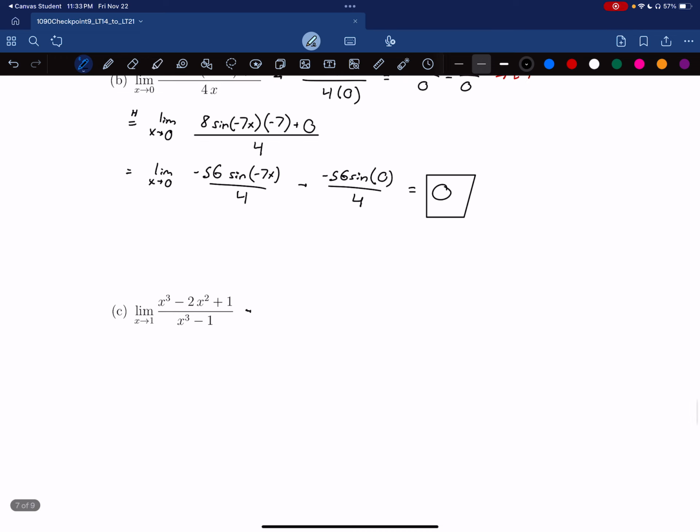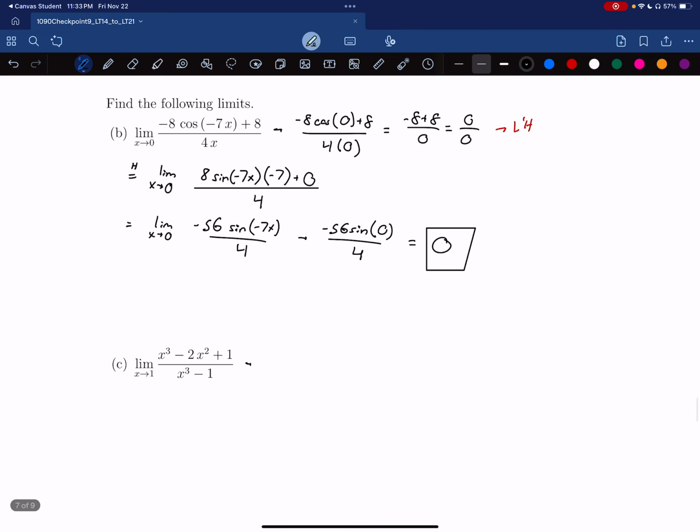First, we will plug in 1 to evaluate this. We'll have 1 cubed minus 2 times 1 squared plus 1 over 1 cubed again minus 1. So I'll have 1 minus 2 plus 1 over 1 minus 1. That's just equal to 0 over 0.